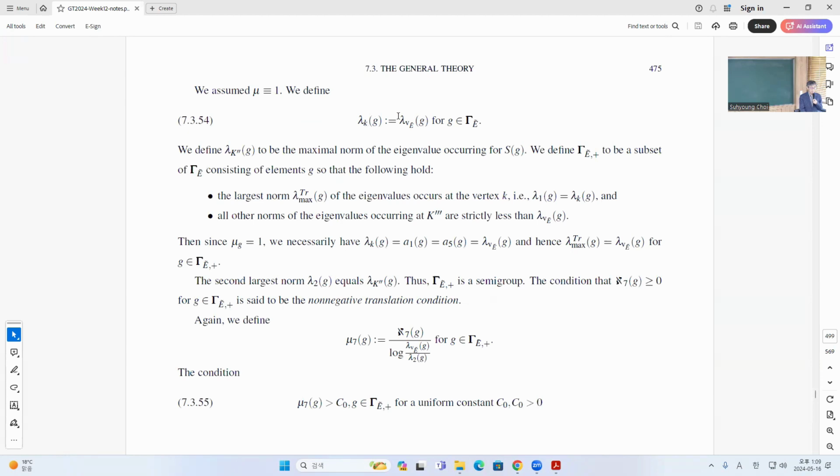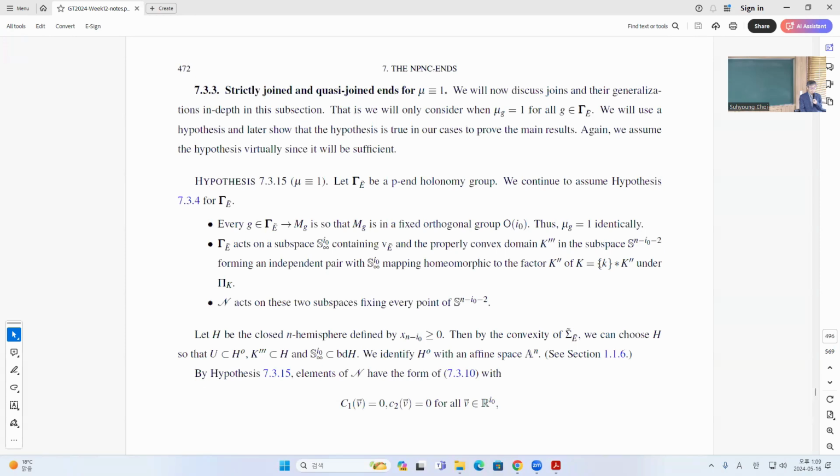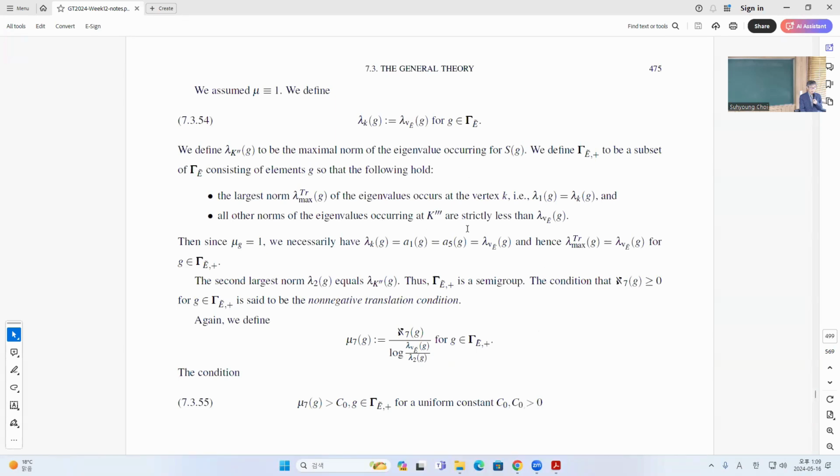So then we define lambda k to be this number. So k is the one we apply. So this corresponds to this, which is the join here with the to obtain the k, and lambda k double prime to be the maximal norm of the eigenvalue corresponding to SG, and we define this lambda gamma e plus to be the subset so that this largest norm of these eigenvalues occurred at the vertex k.